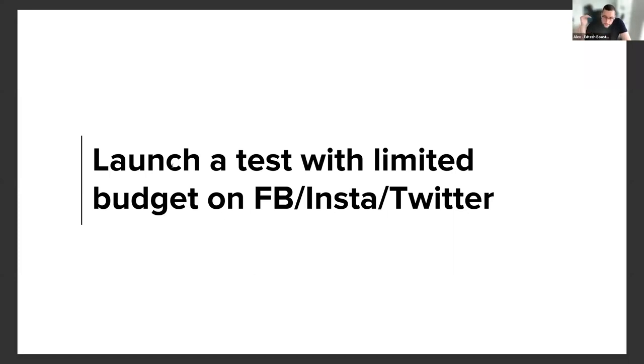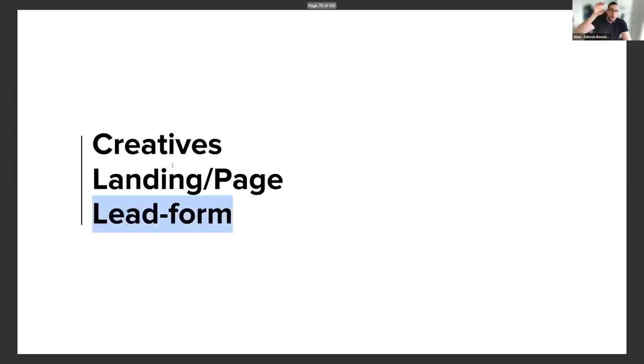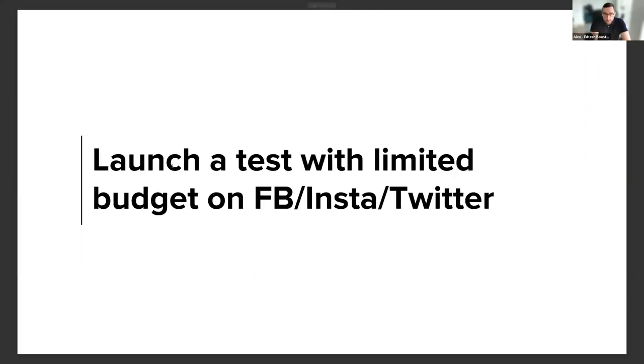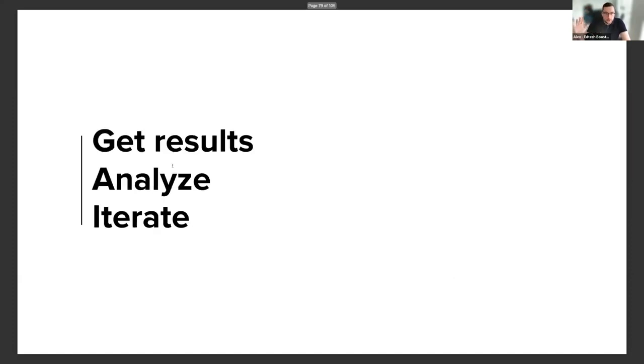That is why we need to test those messages on real clients who don't know your product, because this is what will happen next. So again, you have this target audience, pain, and offer in your head or on the list. You need to test it because it might be an illusion. So you create creatives, a landing page, or just a lead form, and spend some limited budget, 1 or 2K, on Facebook, Instagram, and Twitter.